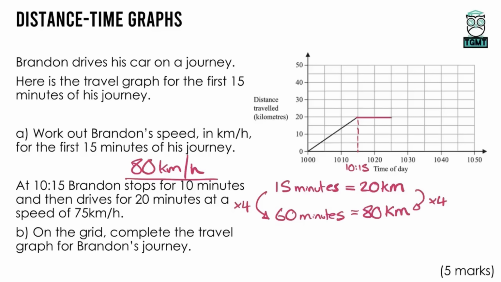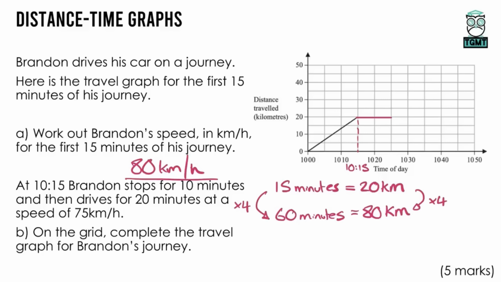And then he drives for 20 minutes at a speed of 75 kilometres per hour. Now, it doesn't say that he drives home. It says he continues driving. So our distance time graph is going to keep going upwards, up to here somewhere. We just need to figure out exactly where it's going to go.